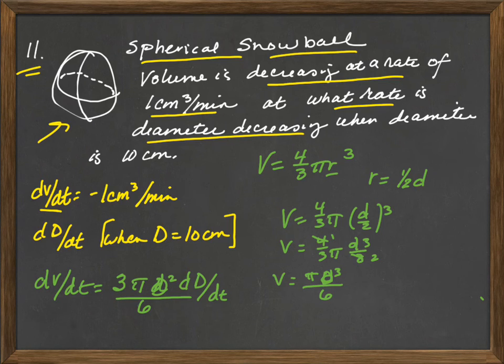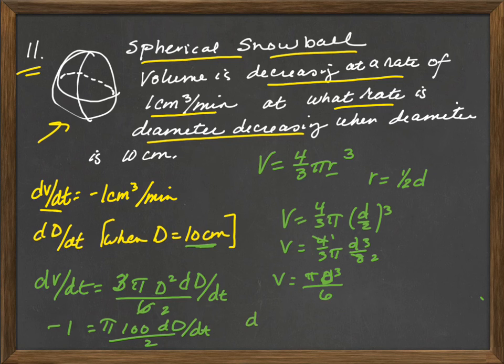Okay, so let's clean this up so it looks like I know what I'm doing. That would just go to 2. So then we have dV/dt, it's -1 equals pi, and we have the diameter now at this time, so that's 100 dD/dt over 2.